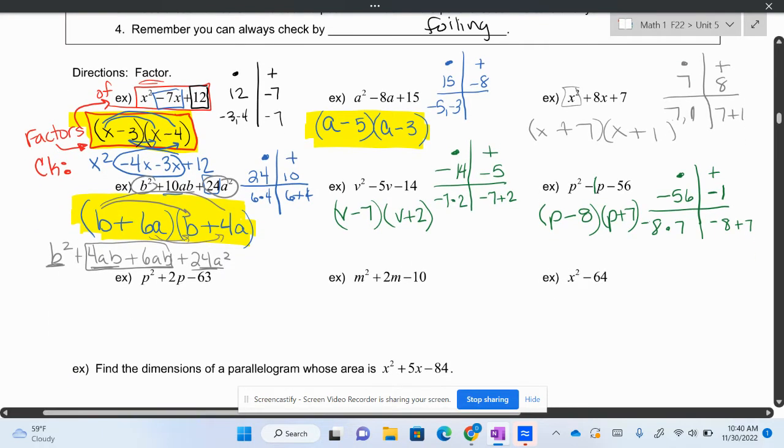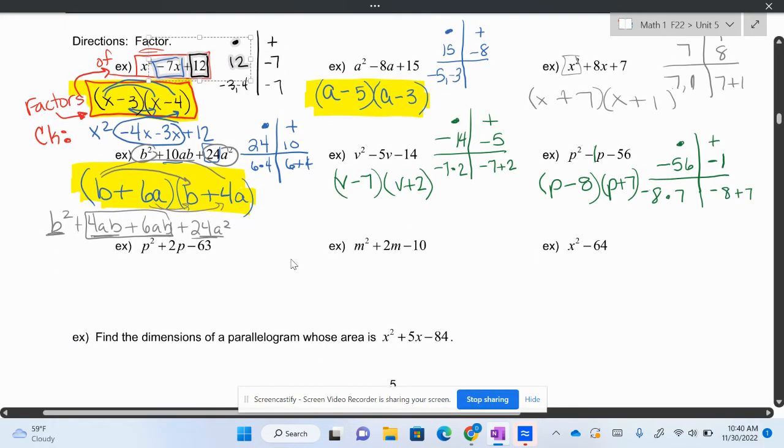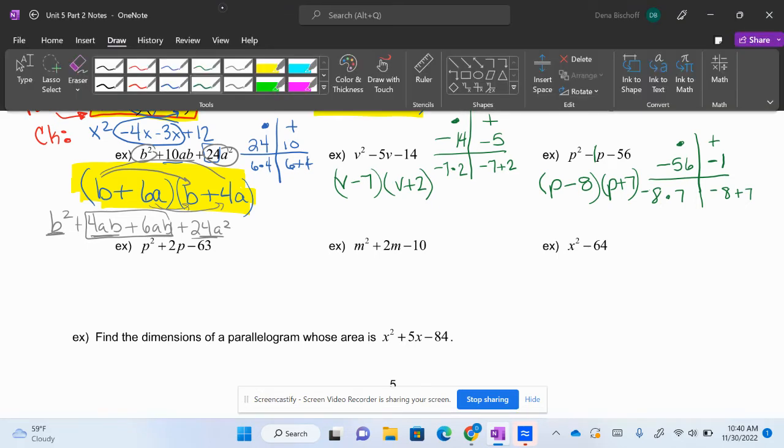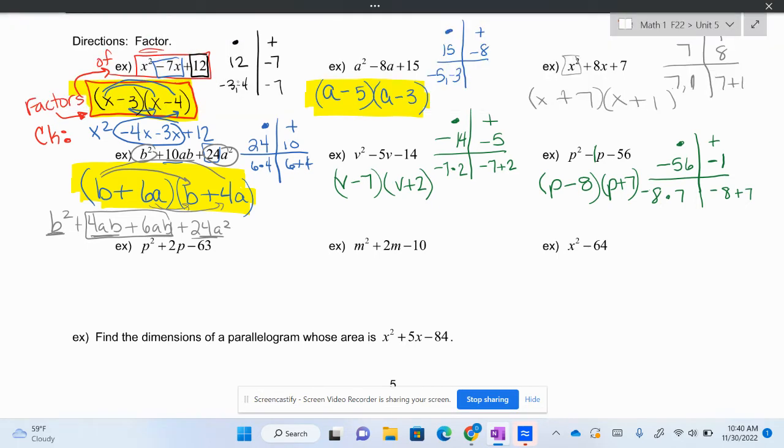All right, let's look at example P. I don't even know what number we're on. I think this is example 7. So let's see. P squared. I know that that's P for each term, P times P, right? Let's see, what two numbers can I multiply together to get a negative 63?